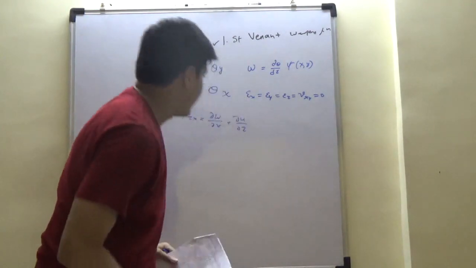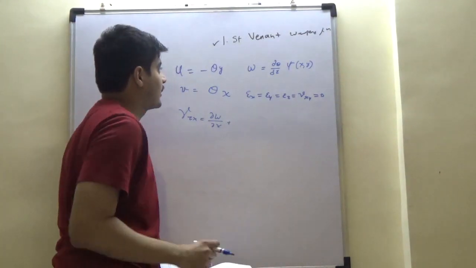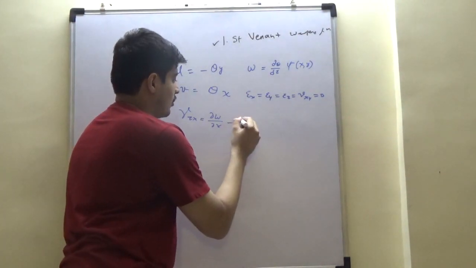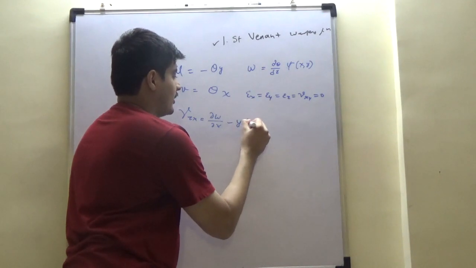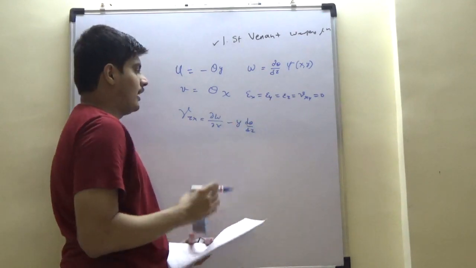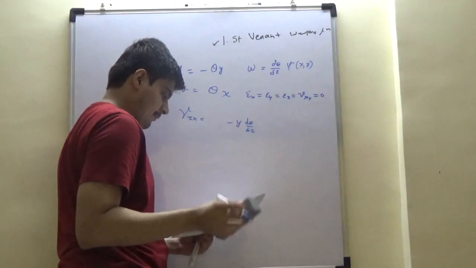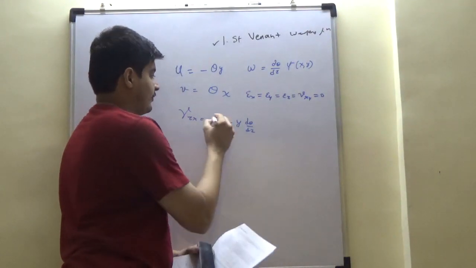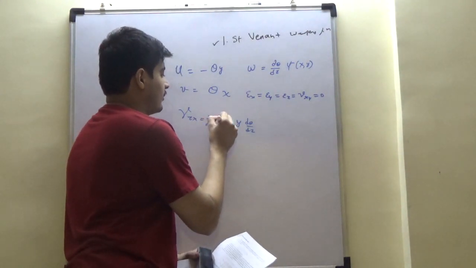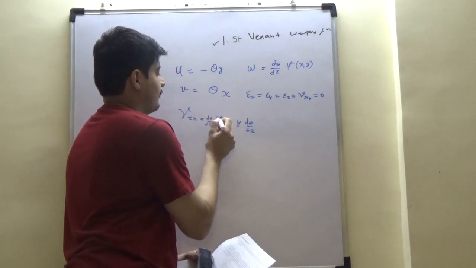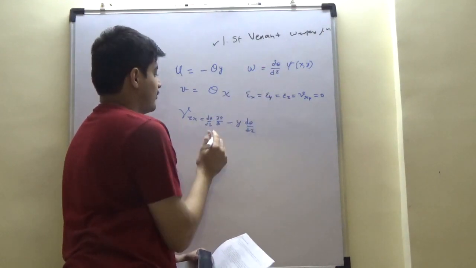And del U by del z, as we know clearly, is nothing but minus y d theta by dz. And del W by del x here is nothing but d theta by dz del psi by del x, right? Because it is with respect to this.